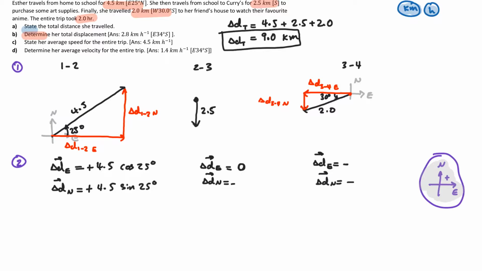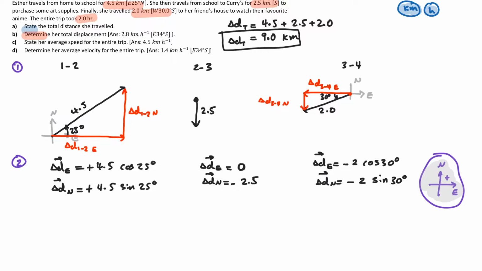In the north direction, it is negative 2.5. The magnitude is just the 2.5. For the next one, in the east component, that's this one over here, that's adjacent to the angle, so that's 2 times cosine of 30, and the north component is opposite, so that's 2 sine of 30. I've done my second step.